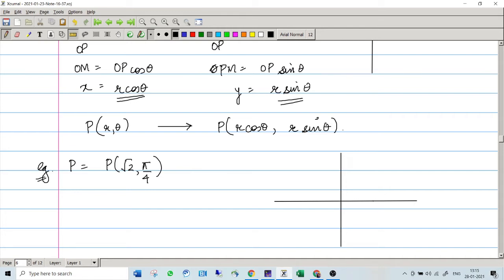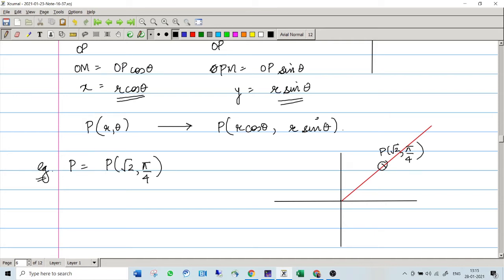So when you travel pi by 4 radians from the positive direction of the x-axis, you are somewhere along this line, right? And what will be your point P? The point P will be root 2 units from the origin, somewhere here. So this is your point P, which is root 2 comma pi by 4.